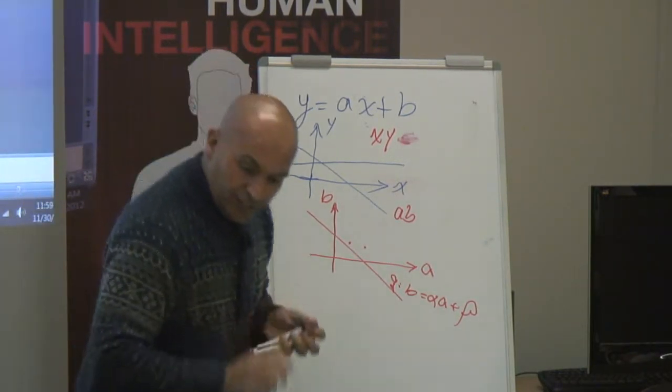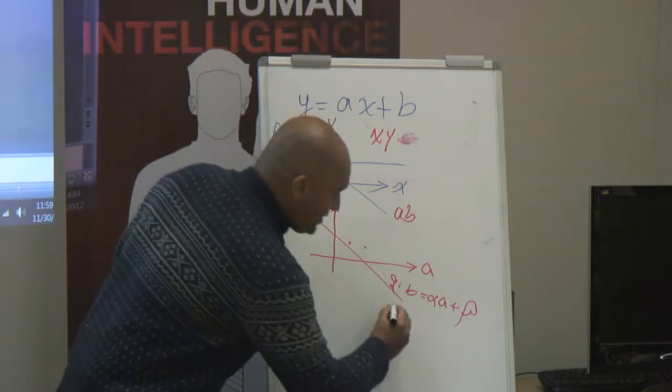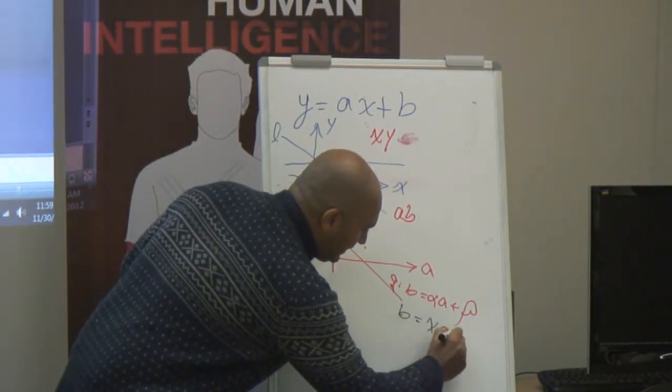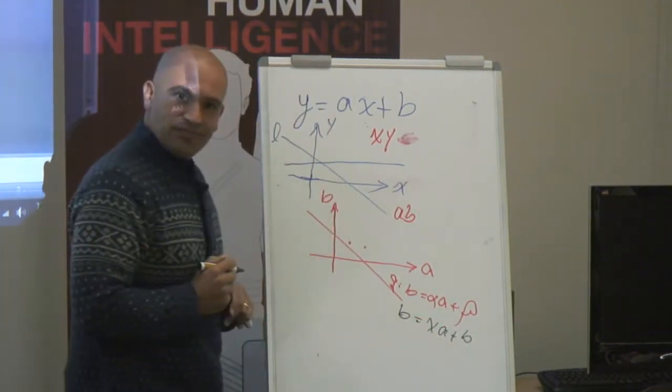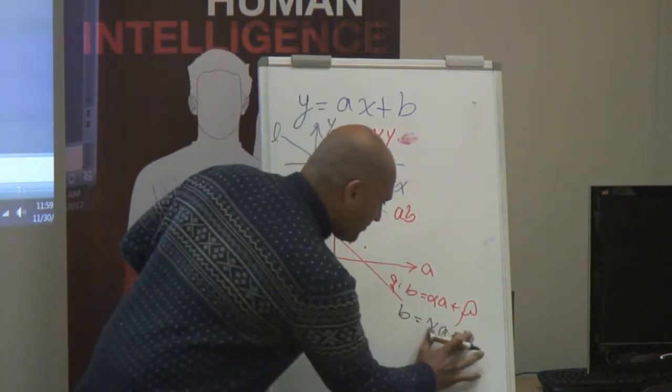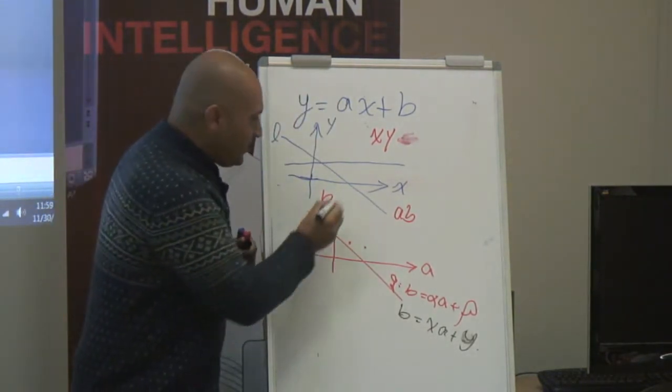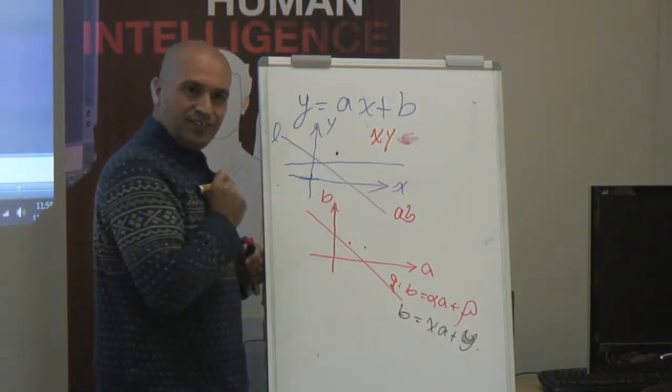Instead, we can write B equals X A plus Y, which means a line here is represented as a point here.